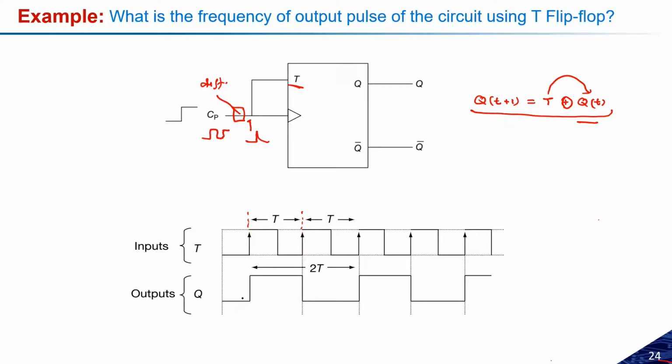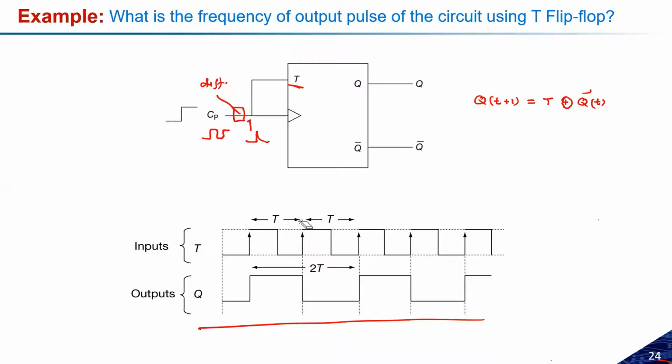Similarly, to get this one, this state will become the previous state, and this is the clock 1, 0 and 0, 1, something like that. So on the next clock pulse, that will be considered. If we simplify this, the output will look like this.